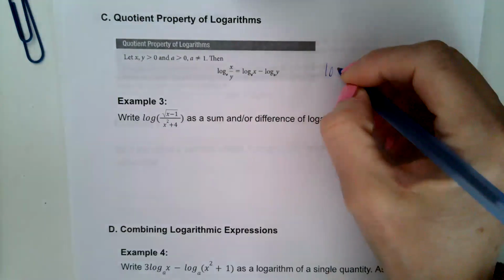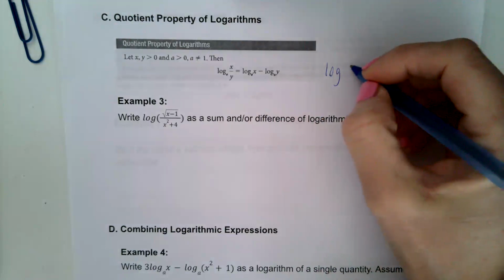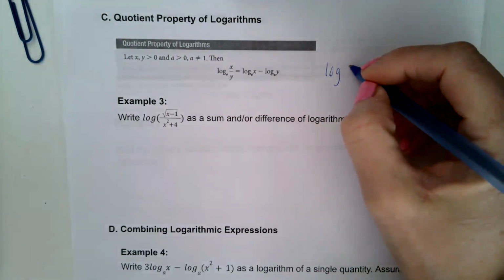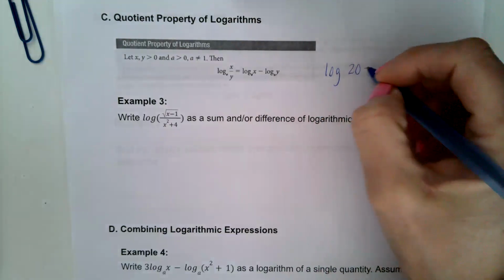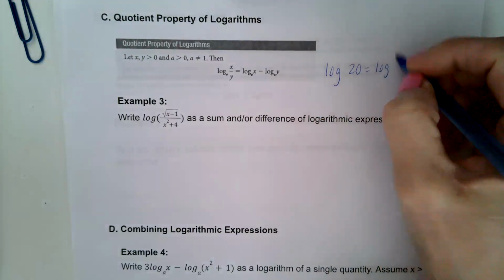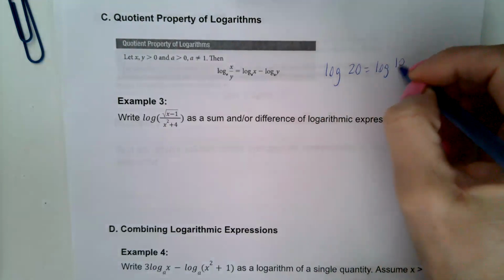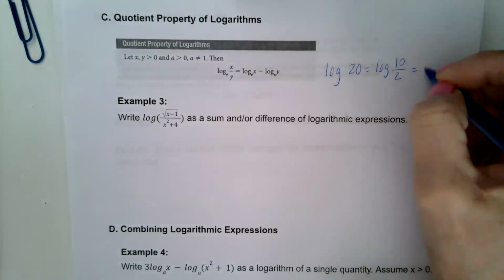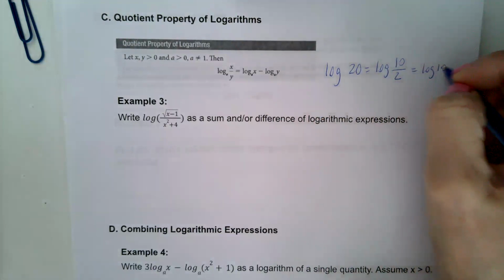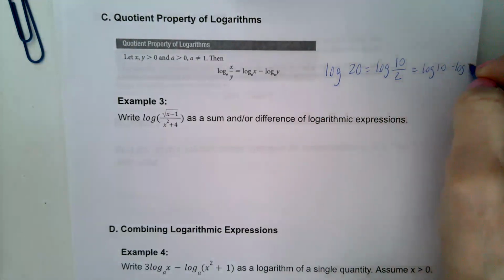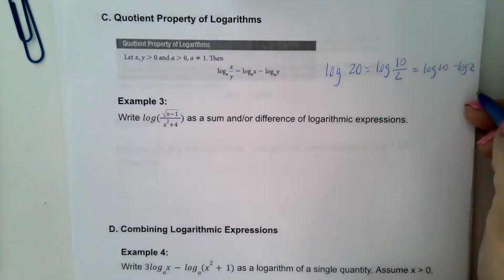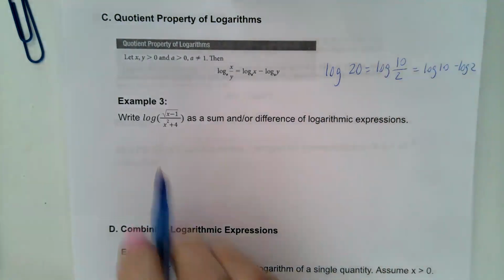If we said the natural log of 20, we could rewrite that as the natural log of 10 times 2. And then we could write that as the log of 10 plus the log of 2, if we wanted to do that. Okay, so let's do that.